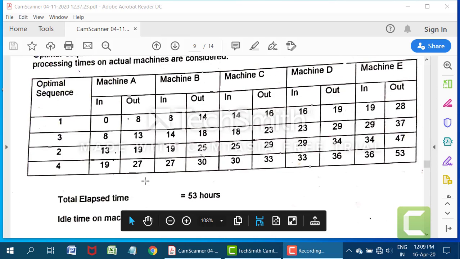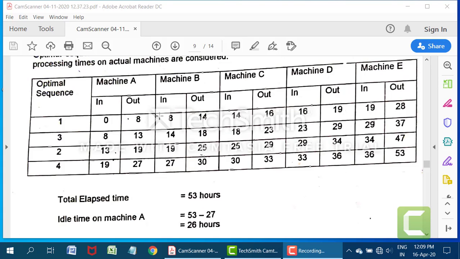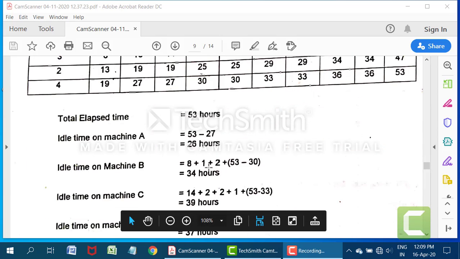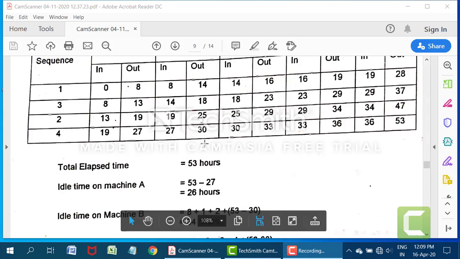Then idle time on machine B. Machine B started its operation at clock time 8, so the first 8 hours it was idle. Then 8 to 14, 14 to 18, here again 1 hour waiting. So the first 8 hours, here again 1 hour, here again 2 hours, and then it finished at 30.